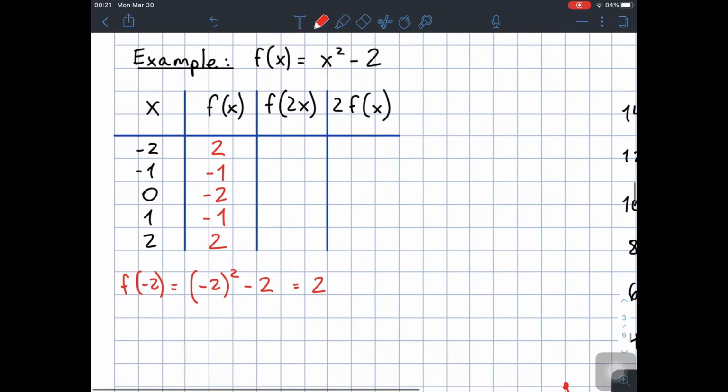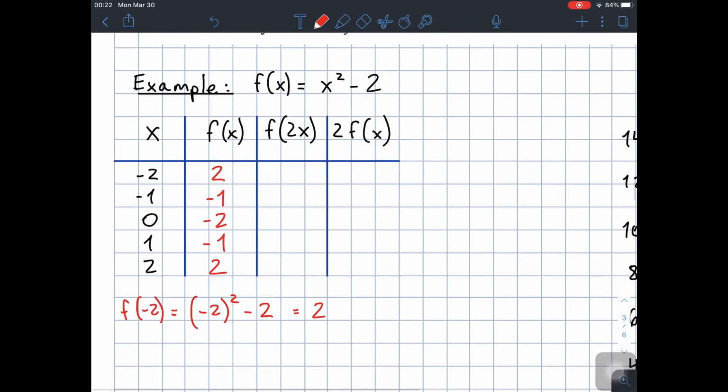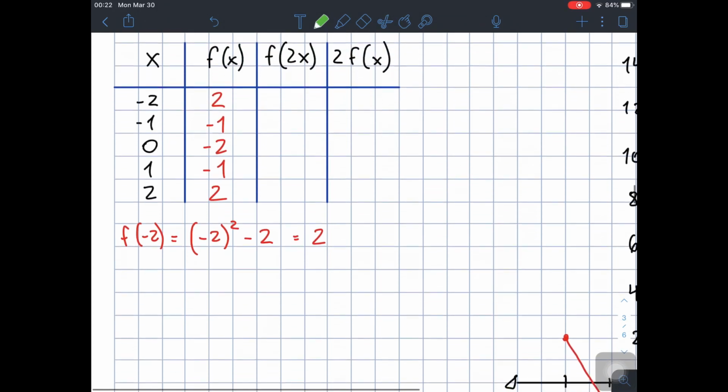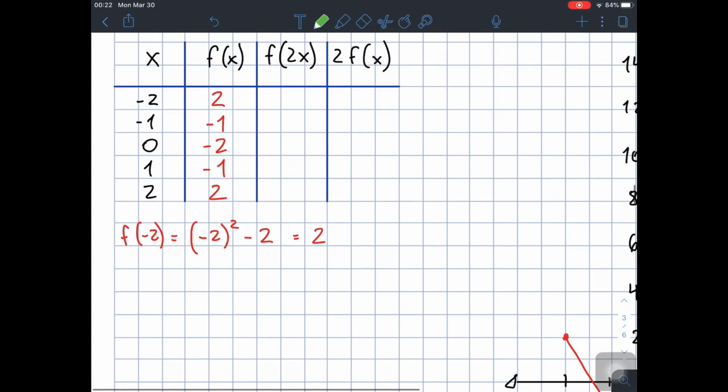Then we're going to calculate a second case. It says f of 2x. How do we calculate that? For example, f of 2 times 2, right? For times negative 2, sorry. Times negative 2.